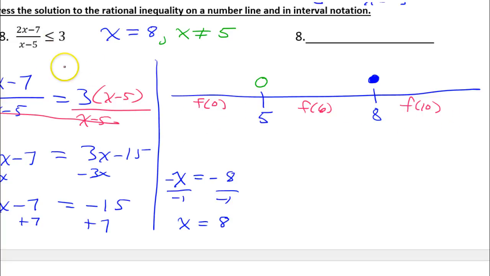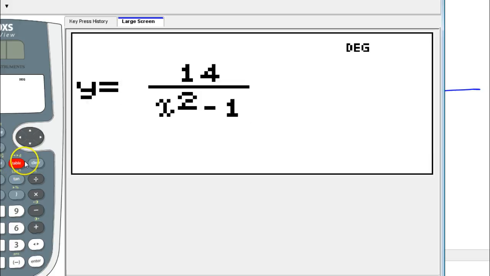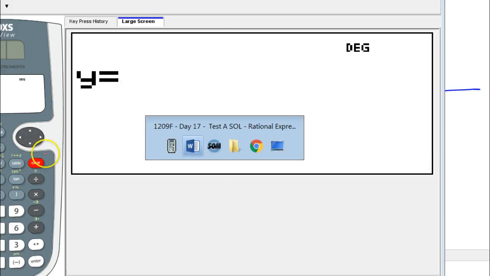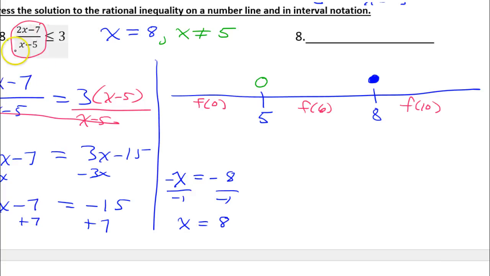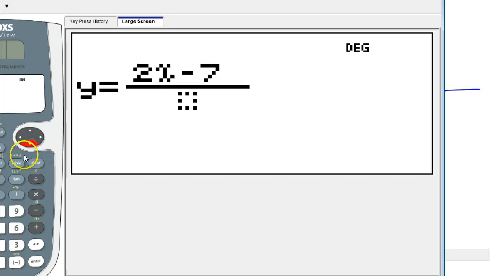So to evaluate the function at these values, I'm going to just evaluate the left side and then see whether or not they are less than 3. And I'm going to use my calculator to help me out again. So table function, so I've got 2x minus 7 over x minus 5.